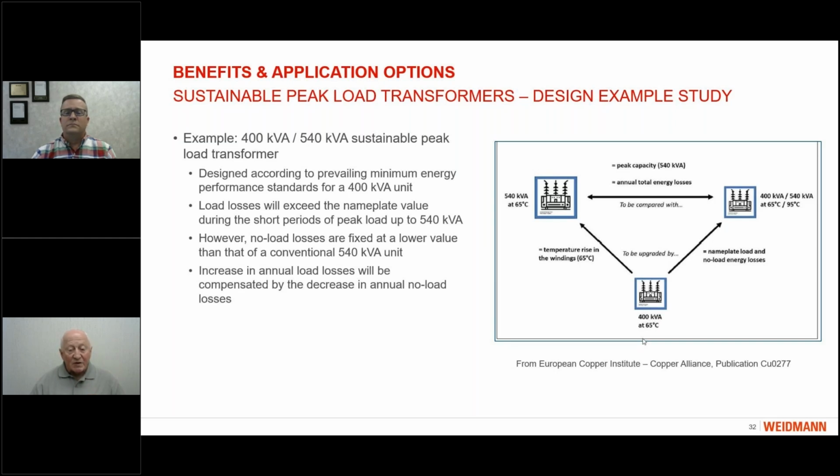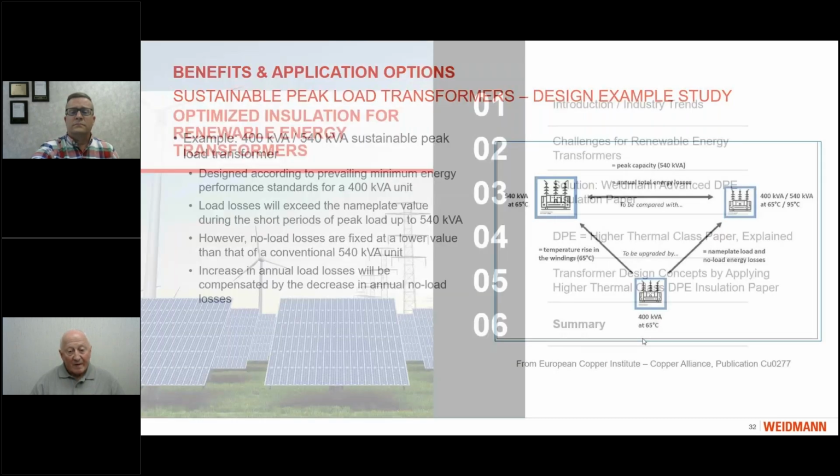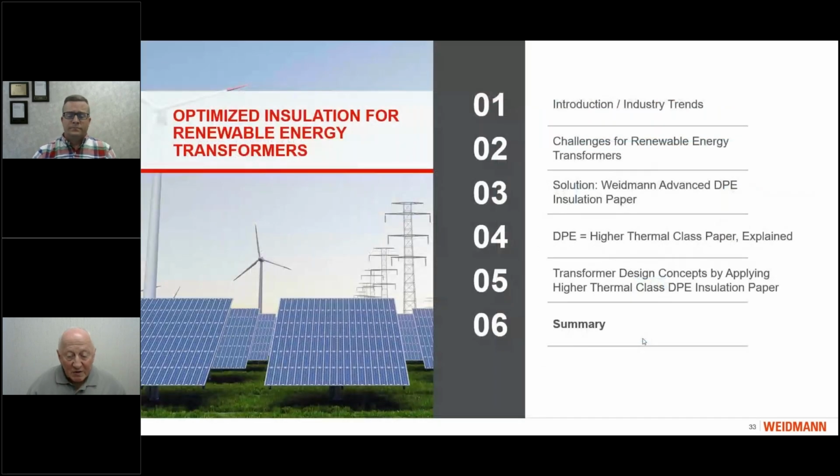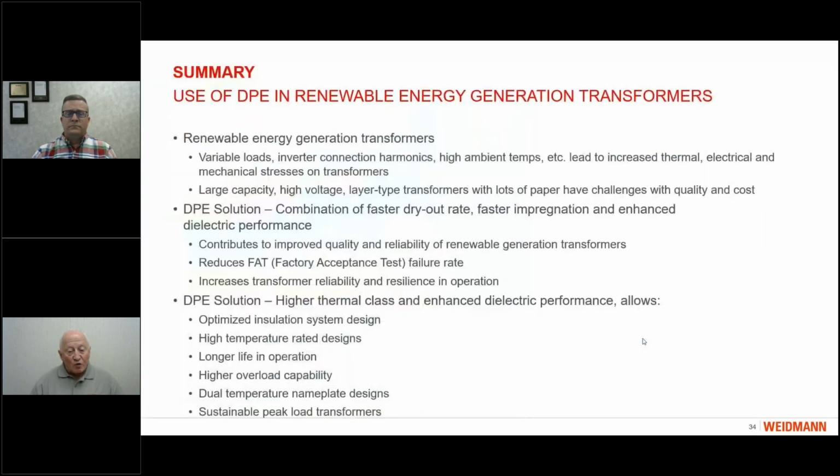Obviously, this transformer will be smaller, and it will have lower no-load losses. But as a result, this transformer will have a peak capacity of the same 540 kVA, and annual total energy losses will be equal to the 540 kVA single rating transformer. Next, please.